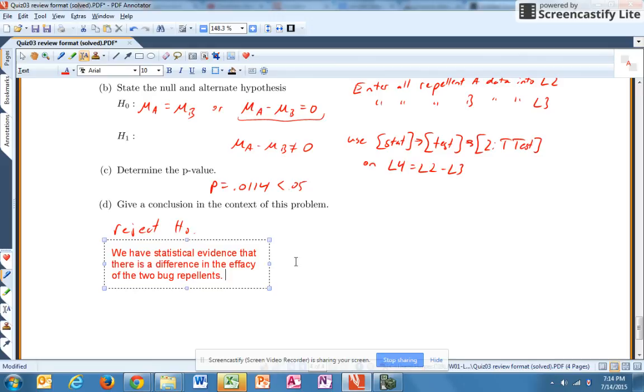Okay, so that means that the mean number of bites for everybody, not just the 30 people in our sample.